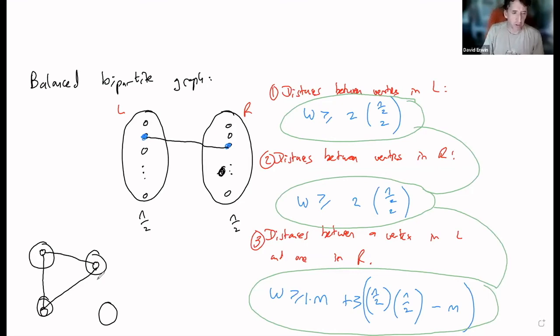So for a balanced complete multipartite graph, in which every vertex on the left is adjacent to every vertex on the right, there would be no pairs of vertices at distance 3. So everything would be at distance 2 or distance 1, and then you should get sharpness.